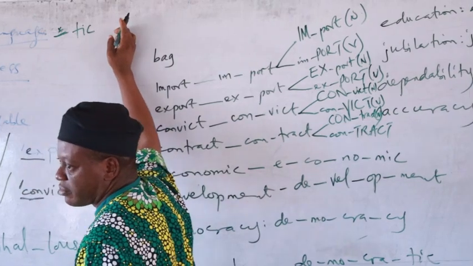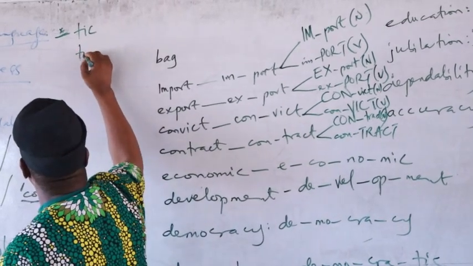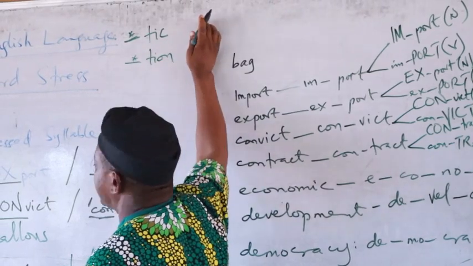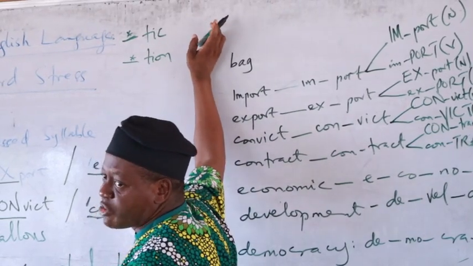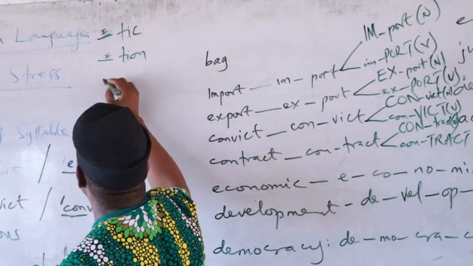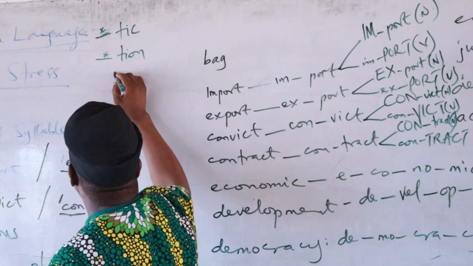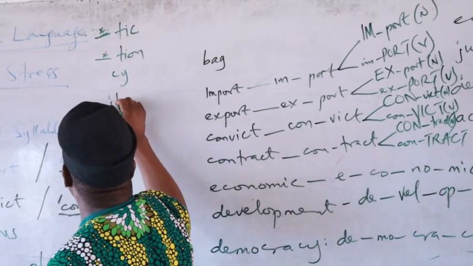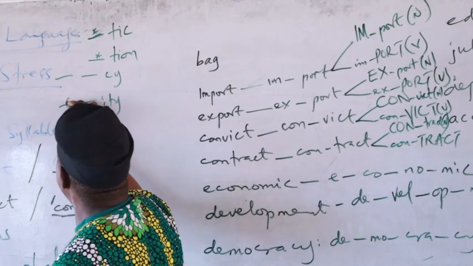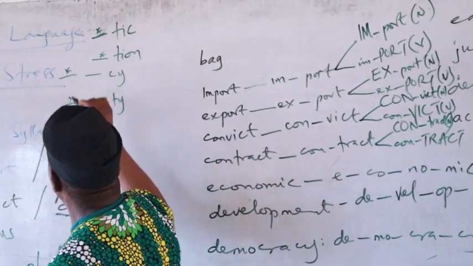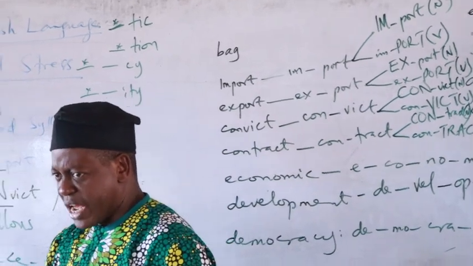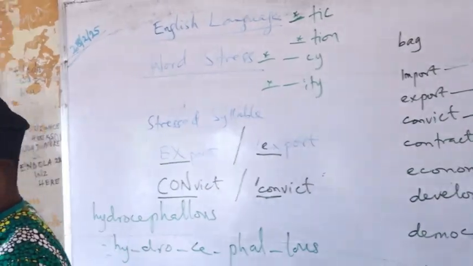If a word ends with TION, you stress the syllable that comes before TION. If a word ends with CY or ITY, you stress the third syllable before the word. Are you getting what I'm saying? That's one method. You are following rules.